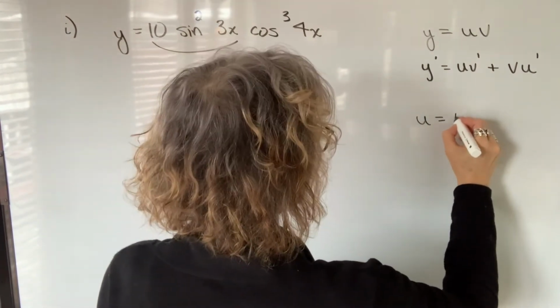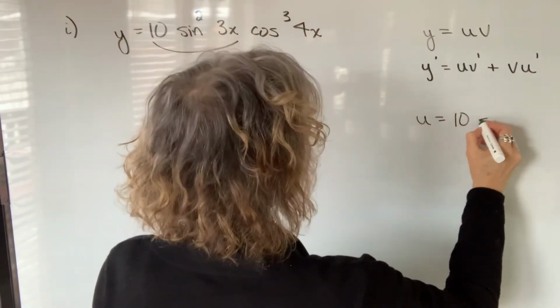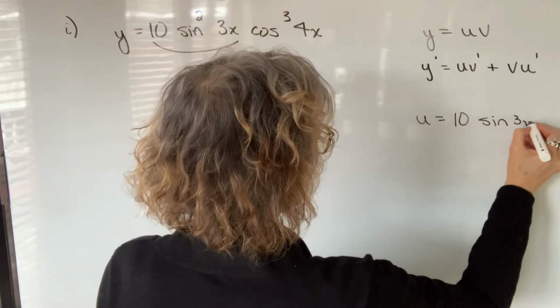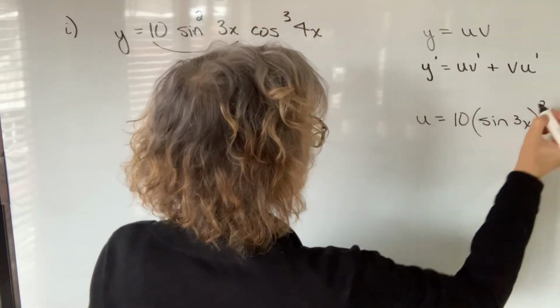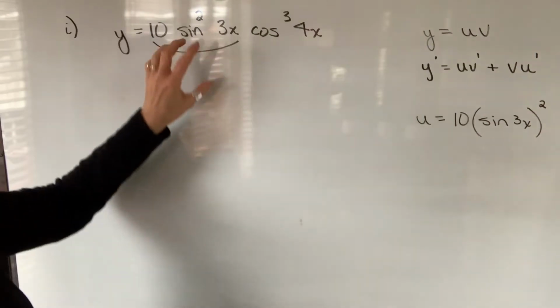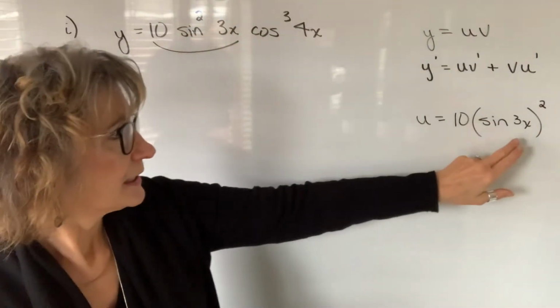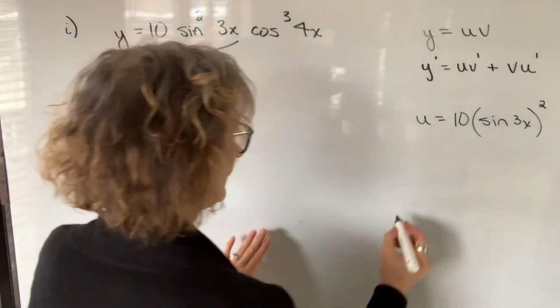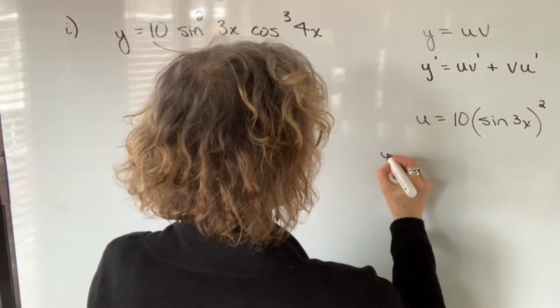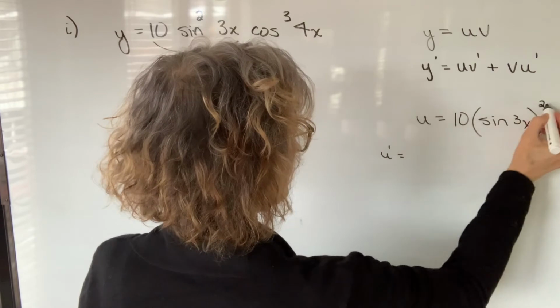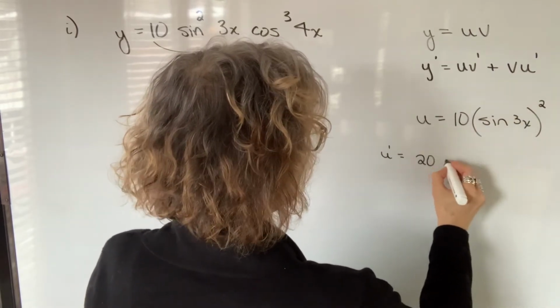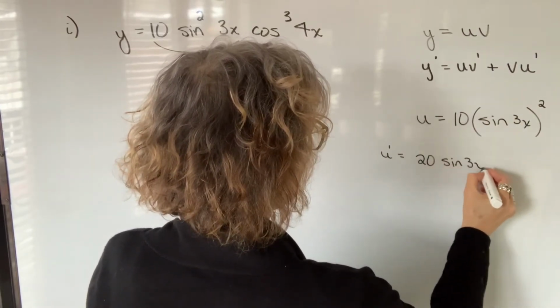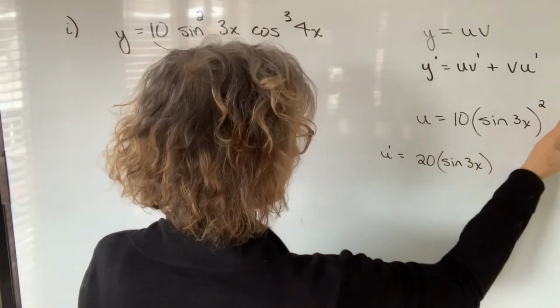So if we include it, that's going to be 10 times the sine of 3x, and the way I want you to think of that is that the sine function is squared. So we're going to put that outside so that it's more clear that that's a power. Then when we differentiate this, it's going to be 10 times 2, which is 20, times sine of 3x to the power of 1. 2 minus 1 is 1.